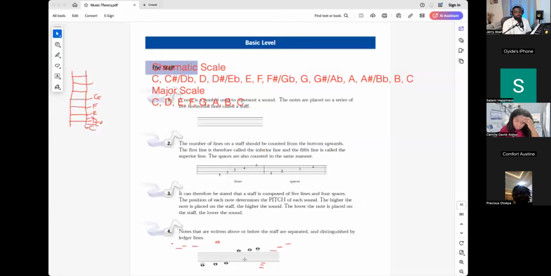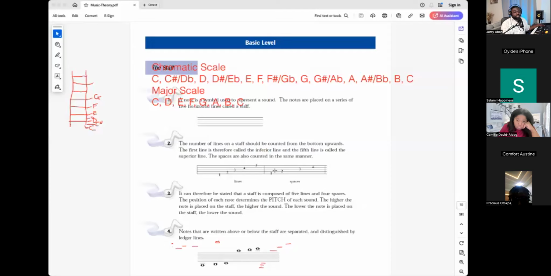Is that clear enough? Okay. So you need more than 5 lines and 4 spaces to be able to write the range of your voice or the range of a musical instrument.